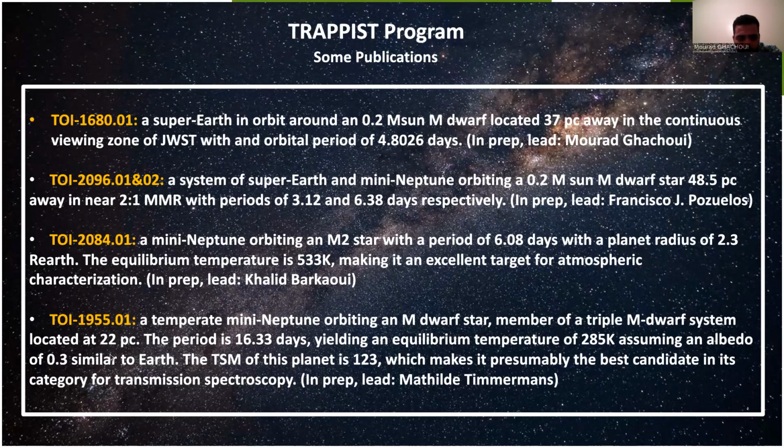This planet is a very special candidate for detailed spectroscopic investigations of its atmosphere with the James Webb Space Telescope, according to the transmission spectroscopy metric. And the paper is in preparation, led by our colleague Mathilde Timmermans.